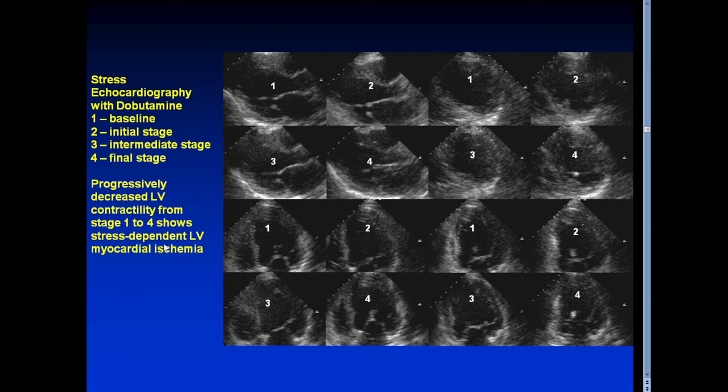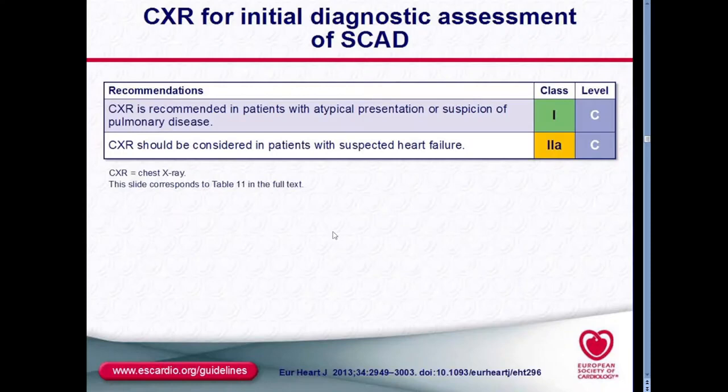It demonstrates the progressively decreased left ventricular contractility due to ischemia induced by dobutamine injection. I apologize, it is not the problem of the original file. It depends on some failure of the computer.